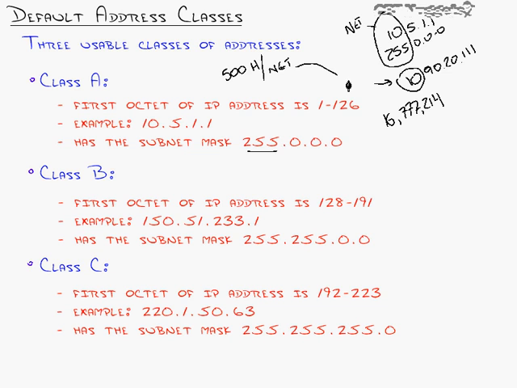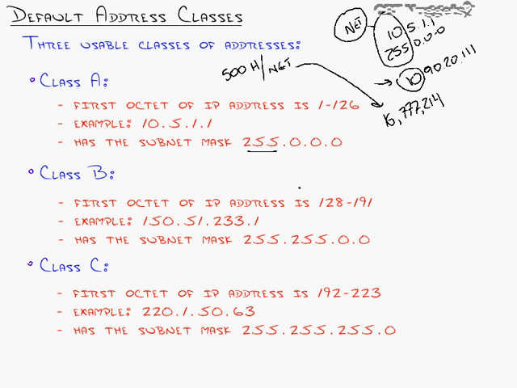Come back into perspective here. 16,500,000. We have slightly exceeded Cisco's recommendation for the maximum number of hosts per network. So you can see that Class A networks just won't do. We have to do something to them in order to make them functional. And that leads into a big topic known as subnetting, which we'll talk about a little later in the series.